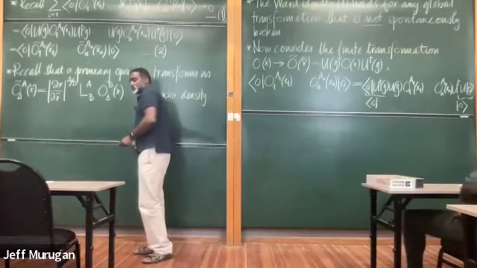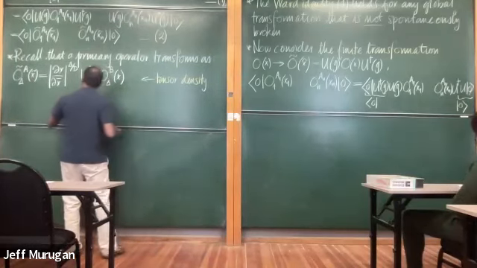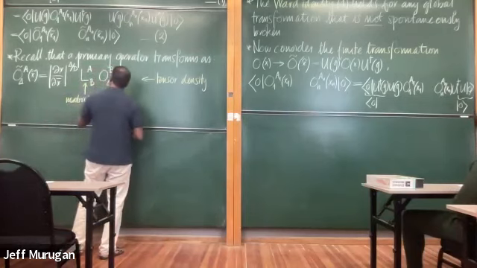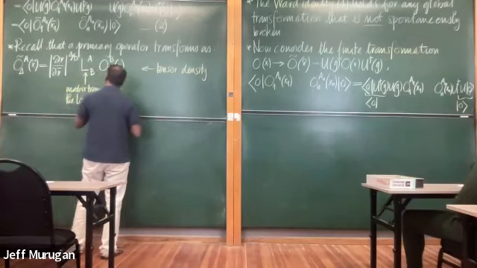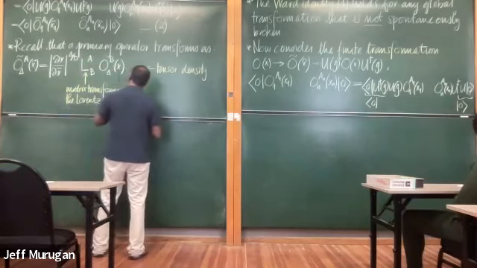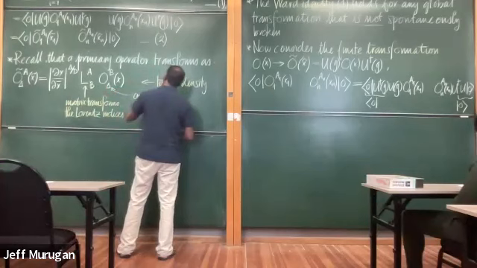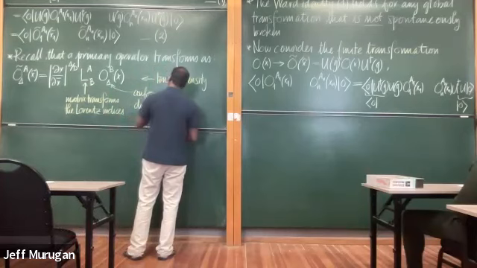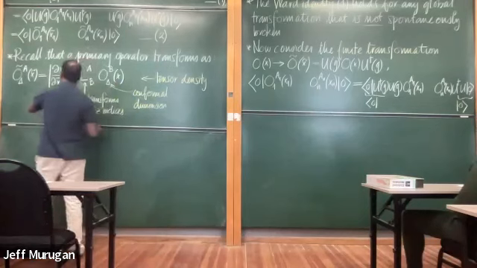If you recall what you learned in GR, this matrix transforms the Lorentz indices. This is the conformal dimension of the operator. And this is the Jacobian of the transformation.